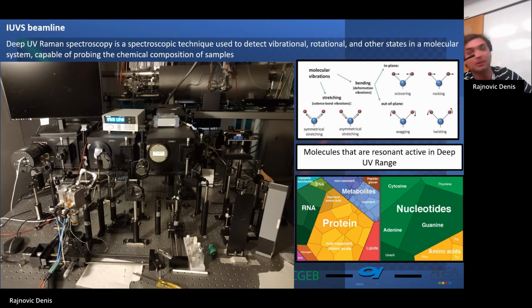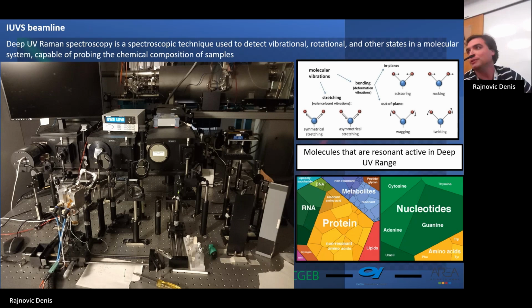Deep UV Raman spectroscopy is a spectroscopic technique used to detect vibrational, rotational, and other states in molecular systems. Molecules that are really resonant active in deep UV rays are nucleotides, aromatic amino acids, and lipids.